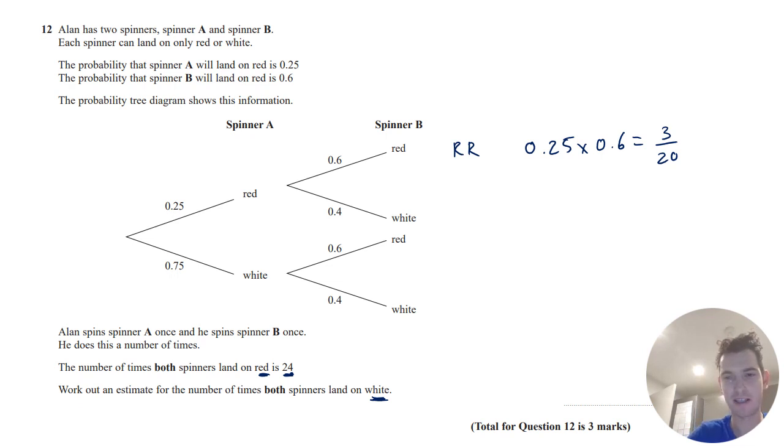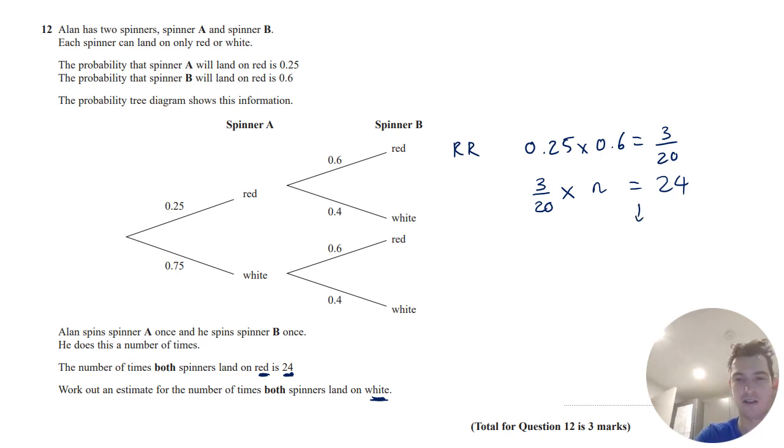Now, if the probability of that is 3/20ths, and I do that a number of times, I can say that 3/20ths times my number of trials, let's call that n, is equal to 24. And I need to find out what that n, the number of trials, is.